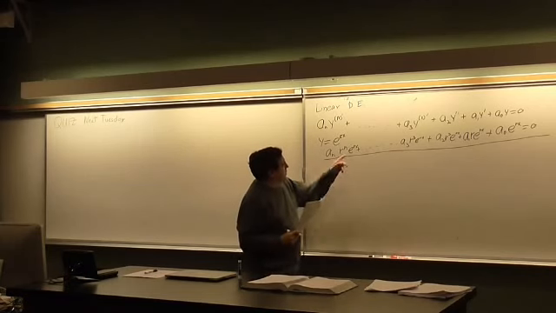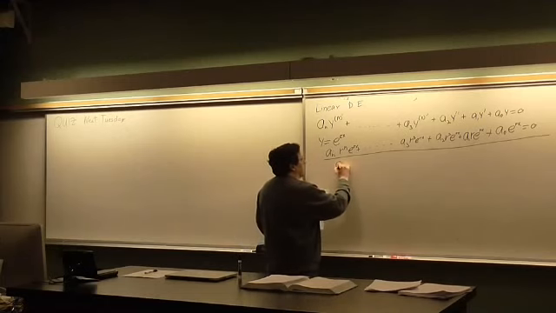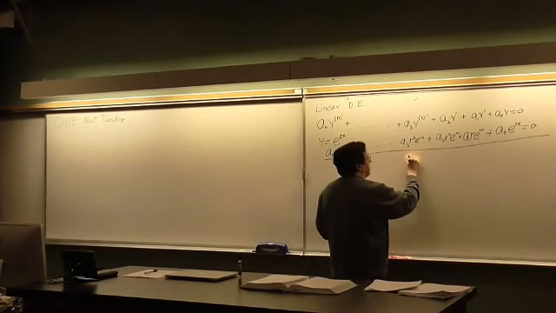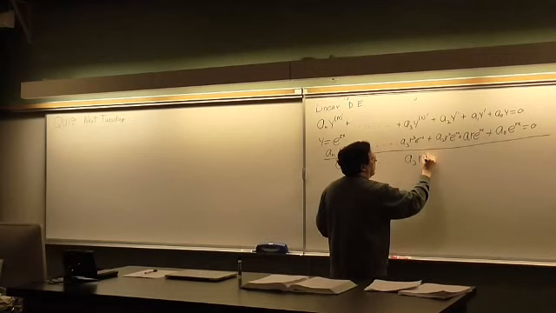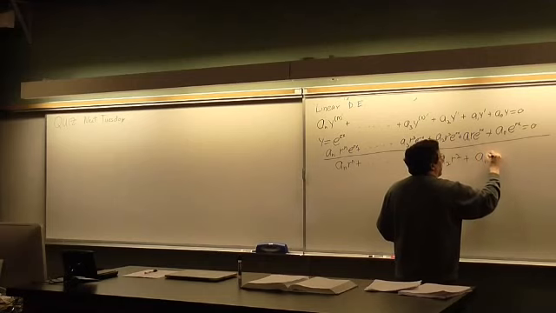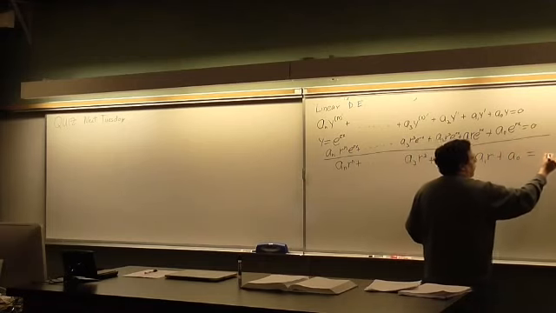Well, e to the rx times e to the negative rx is 1. So I have a sub n r to the n, plus all these in between, a3 r cubed plus a2 r squared plus a1 r plus a0 equals, of course, 0.